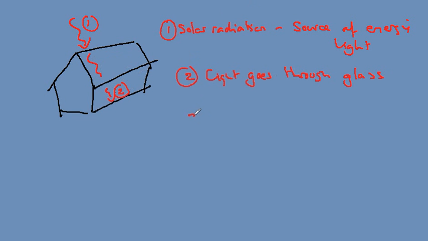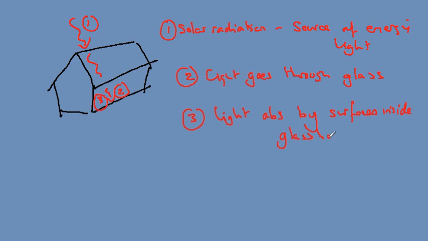The next feature, number 3, is that the light is absorbed by surfaces inside the glasshouse.